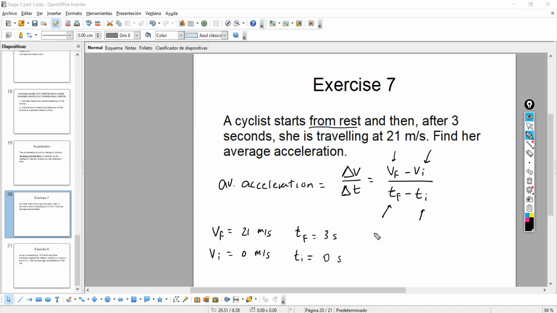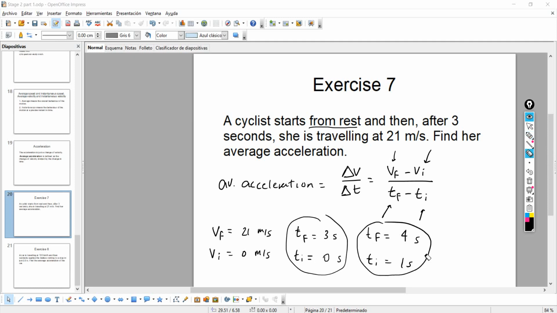You see? But I also could have done this, and it would have been just as good: 1 second and 4 seconds. If I start observing the phenomenon at 1 second, and then after 3 seconds we will have 4 seconds. So either way, it doesn't matter which approach you follow. Of course, this one is much simpler. So that's it, guys.